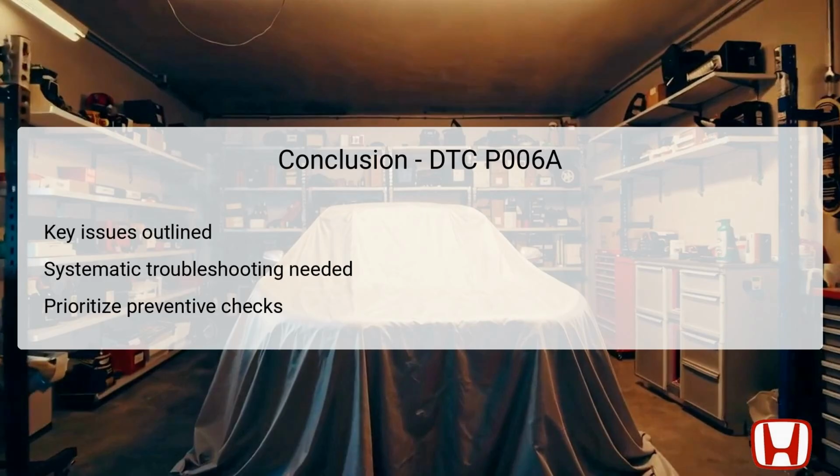Additionally, recognizing symptoms associated with this DTC serves to expedite the diagnosis and repair process. Lastly, engaging in preventive maintenance practices not only aids in sustaining vehicle performance, but can also prevent future DTC occurrences. Following the steps outlined in this guide provides a comprehensive approach to addressing the DTC P006A in your Honda Accord.